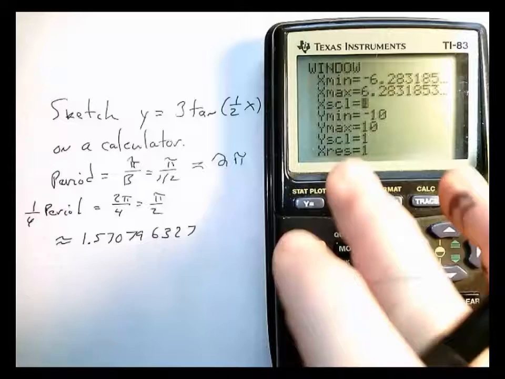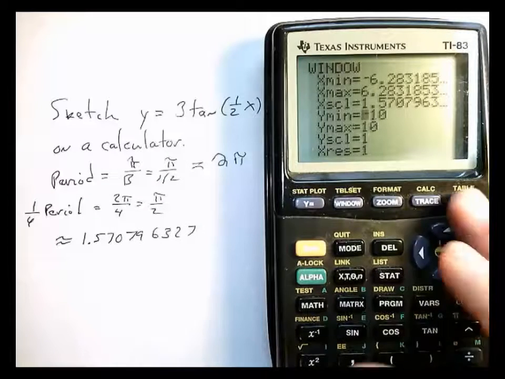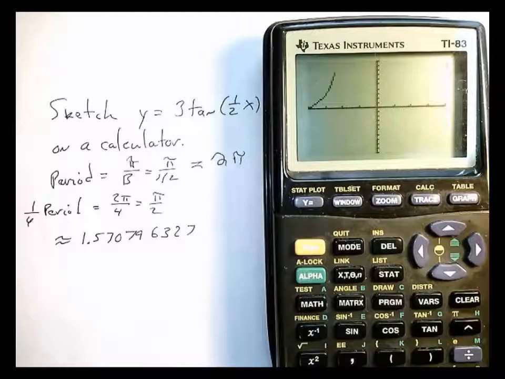My scale here, I'm going to have it be pi over 2, which again was 1/4 of the period. And I'll leave my y's as they are for now. And I'll graph and see what I got here.